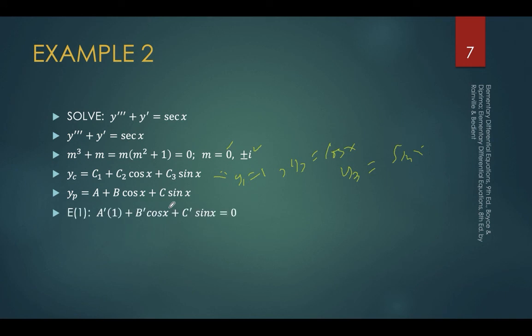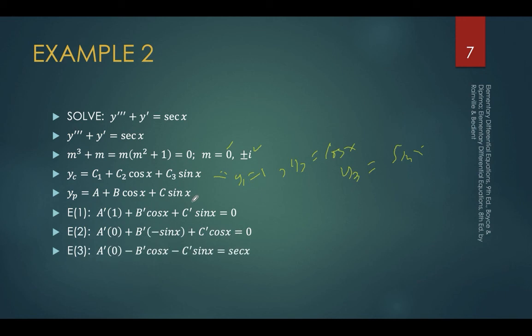Okay, so this will be our auxiliary equation. So this time you have 3 unknowns, a prime, b prime, okay, and c prime. For the first equation, we have the coefficient 1, okay, your y1, your y2, y3. Get the first derivative, so you get 0. Second derivative will be 0.